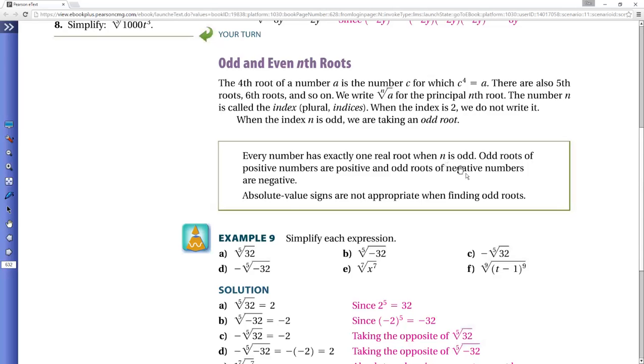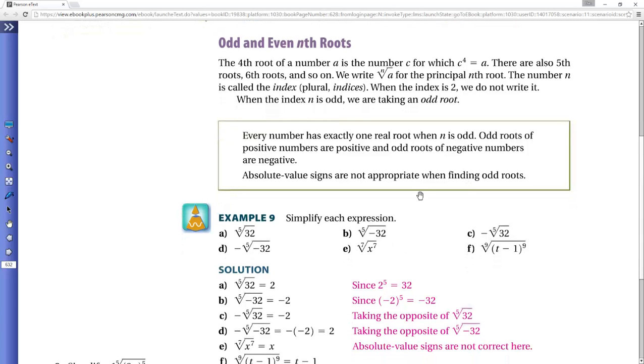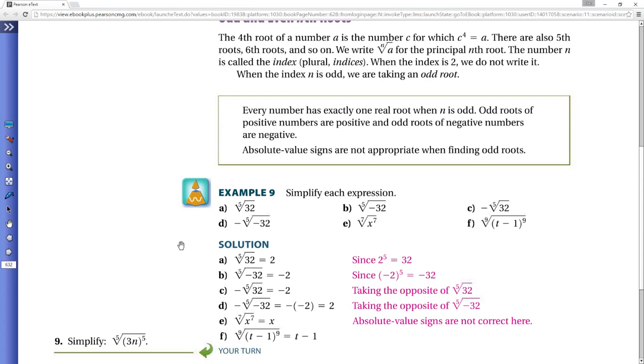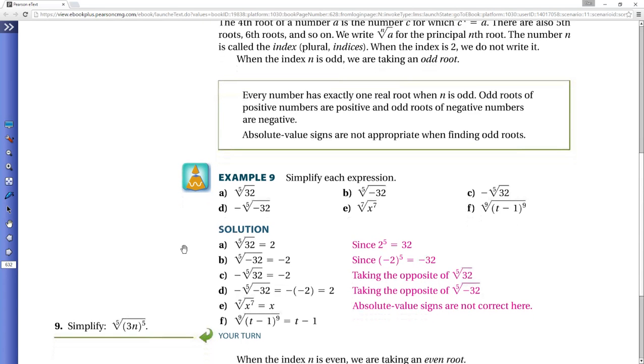Now odd roots of positive numbers end up positive, and odd roots of negative numbers are negative. Absolute value signs are not appropriate when finding odd roots. In fact, it will cause a non-solution, really, when we're talking about equations.